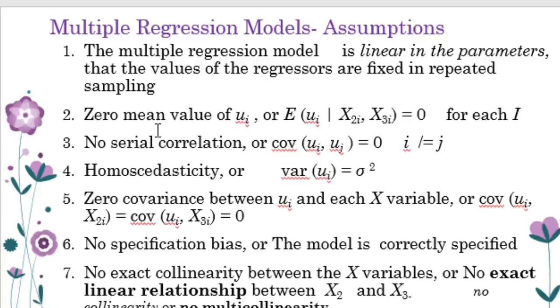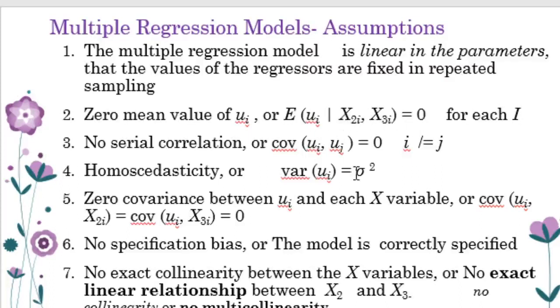Second assumption is zero mean value of ui. In the two variable regression model, we learned that expected value of ui given x equals 0. Here we have more than one independent variable, and therefore the assumption is expected value of ui given x2i, x3i equals 0.